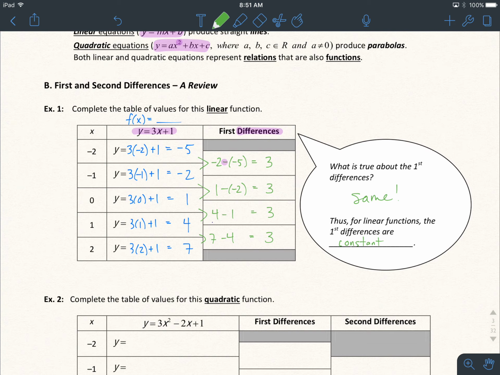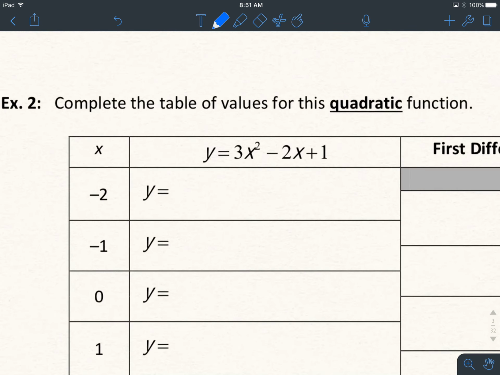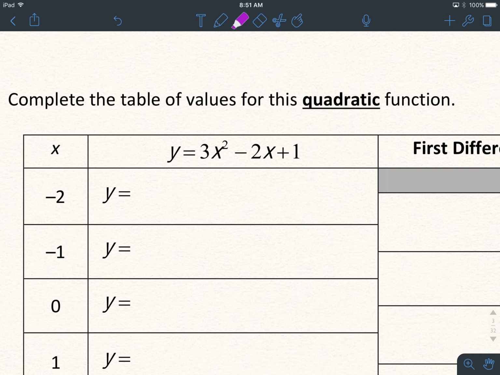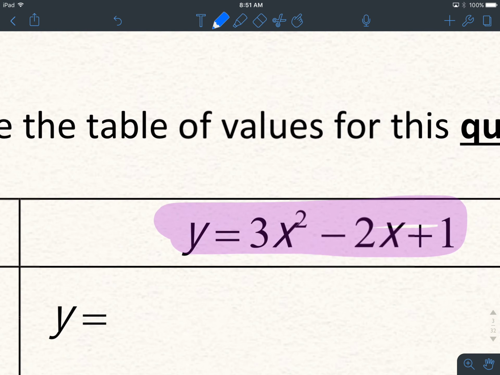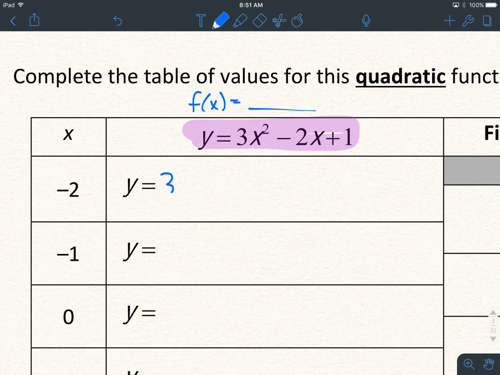With quadratic, it's a little bit different. So let's work down the line on the quadratics. Same idea here. We have a quadratic equation. We could also be using f of x here, but chose not to. That's fine too. And now we're going to substitute in our input values. So that will be 3 times negative 2 squared minus 2 times negative 2 plus 1.